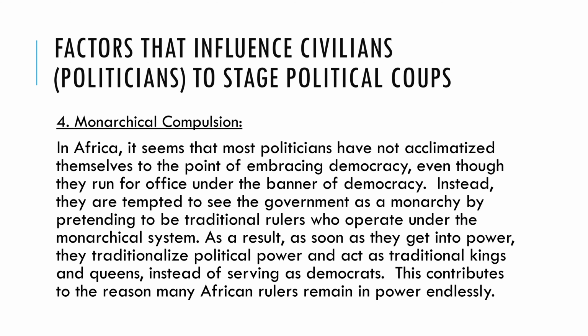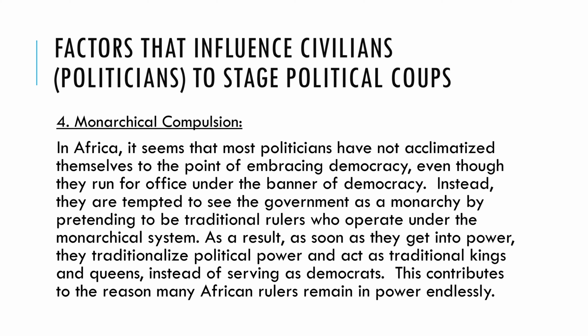4. Monarchical compulsion. In Africa, it seems that most politicians have not acclimatized themselves to the point of embracing democracy, even though they run for office under the banner of democracy. Instead, they are tempted to see the government as a monarchy by pretending to be traditional rulers who operate under the monarchical system.